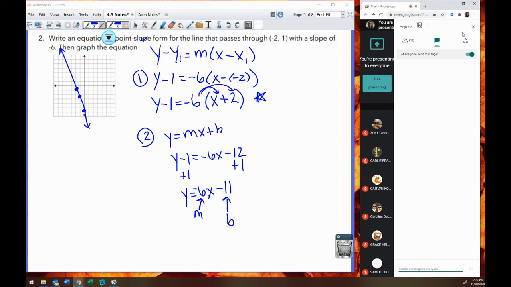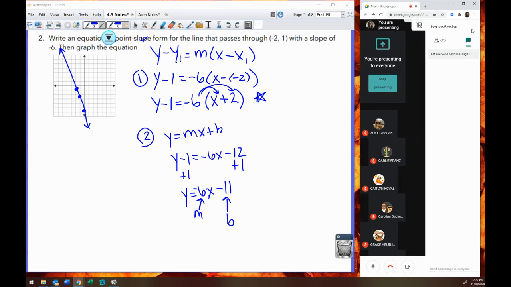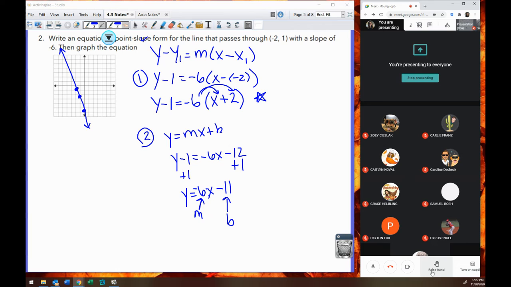So then I'm trying to decipher between did someone raise a hand or did someone send a message. How do you raise your hand? There's just like a button. But it's new, I guess. I don't know. I just found this out second period. So you can raise hand. It's just going to show up down there. See? But it's the same sound as when you guys send a message. And I don't like when you send it and then I see it way later if I want to answer it.